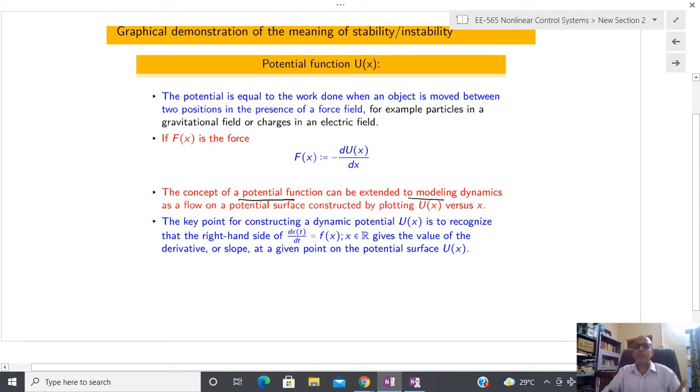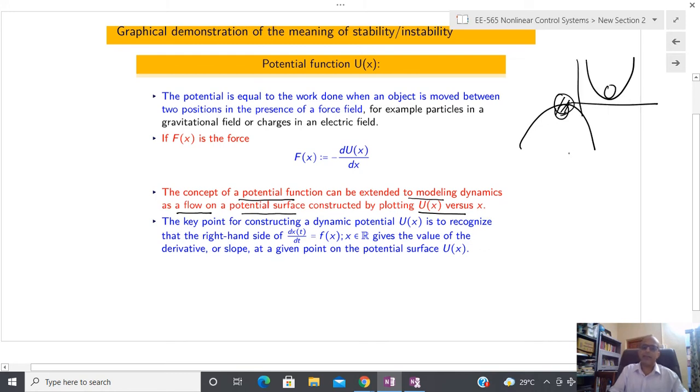We are saying that whatever potential function, that is nothing but some kind of flow, and the flow we are going to construct with respect to some surface that is called the potential surface, and I am going to plot these two, same like whatever example I have given just now, that I have this kind of shape or this kind of shape. Since I am just dealing with the first order system, I am going to construct a curve in a two-dimensional plane.